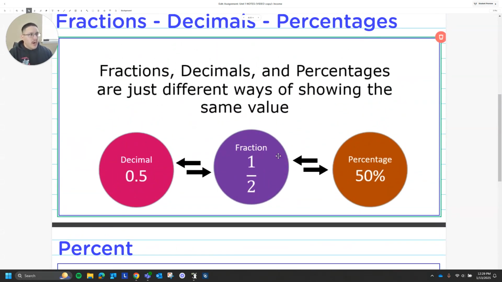Each one is like a different language. We have the language of decimals, fractions, and percentages. They all mean the same thing. They're just represented differently. A decimal of 0.5 is the same as a fraction of 1/2, is the same as a percentage of 50%.